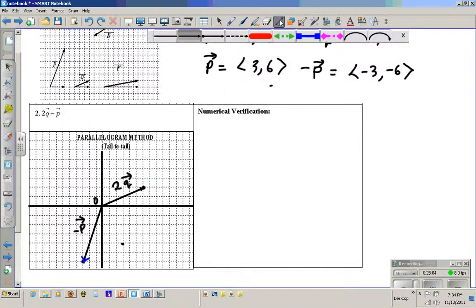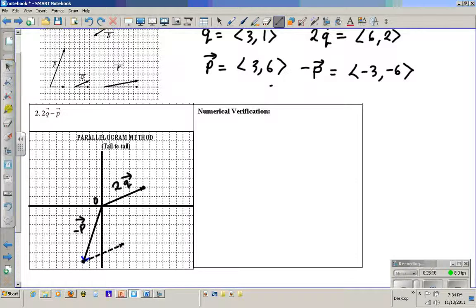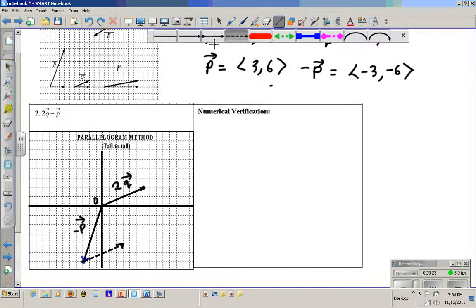That is exactly how the direction here should be, but you must use a dotted line because that's not actually 2q. It's just the projection of 2q on the tip of negative p, pointing in exactly the same direction as 2q. And then for negative p, you don't even need to do any work, you know it's going down, right? So you simply move it this way.